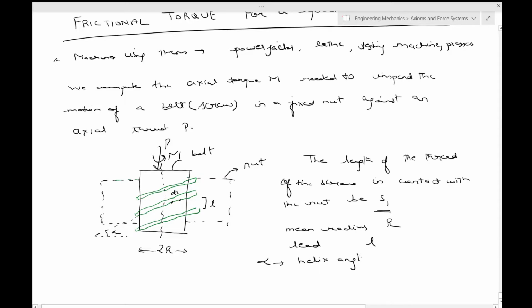It has been shown in the figure because the path taken by any point is actually helical, that's why it's called the helix angle. So any point which you trace, say this particular point S, if the nut is being raised, then this point S would follow a helical path, hence you have this helix angle alpha.